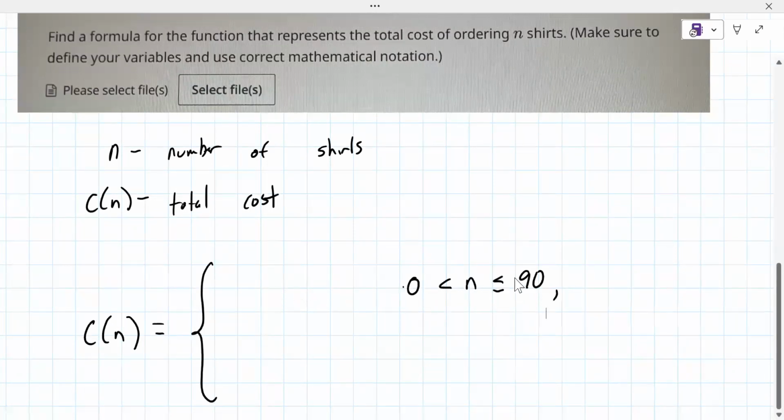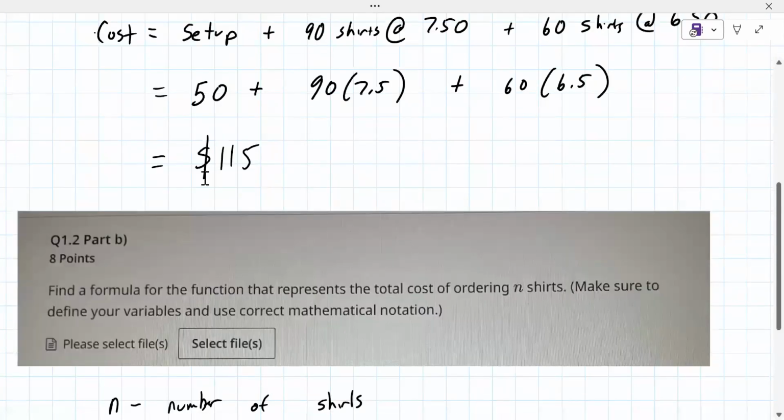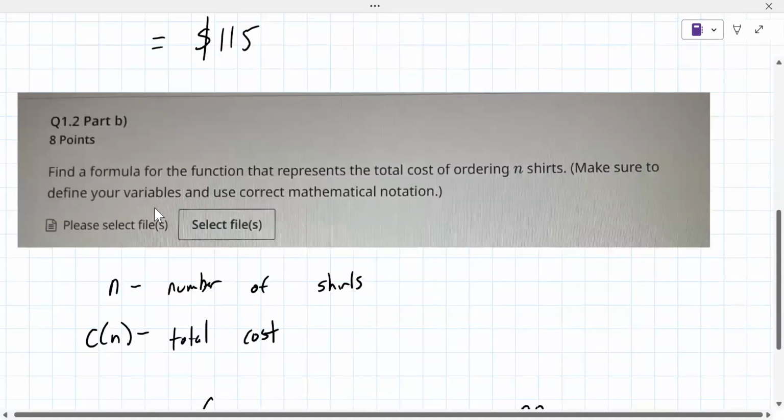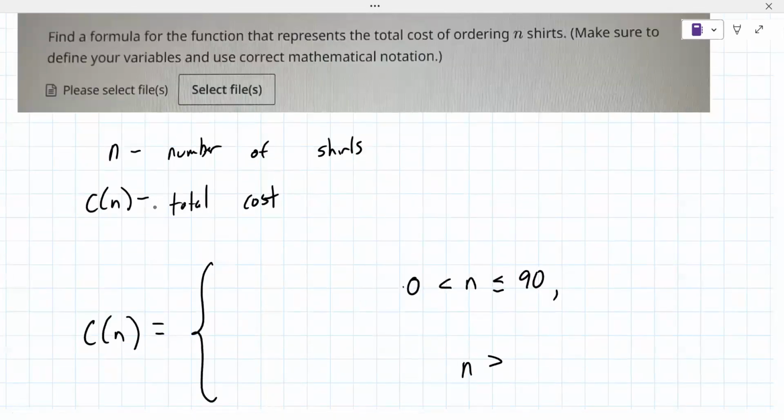The reason is there's a break point. The break point is when you order more than 90 shirts. But since you can order as many shirts as you want, if you order any shirts over 90, this other formula applies, and we're going to figure those out.